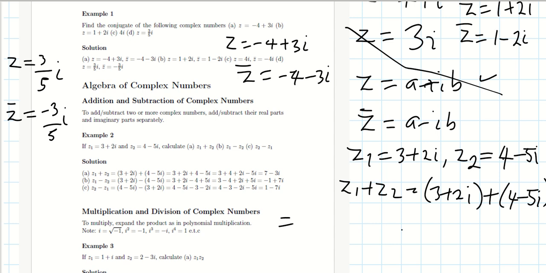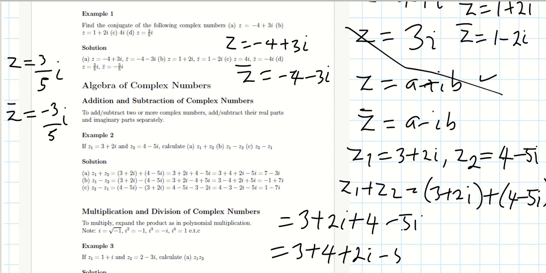When you collect like terms, you have 3 plus 4, plus 2i minus 5i, which is the same thing as 3 plus 4 is 7. Then 2i minus 5i is minus 3i. So you can see in this example that z1 plus z2 is equal to 7 minus 3i.